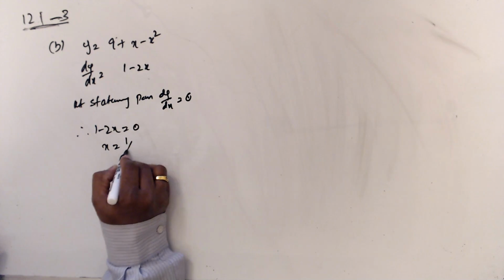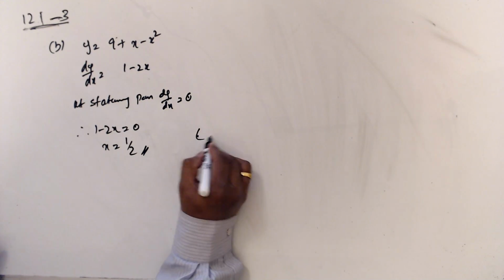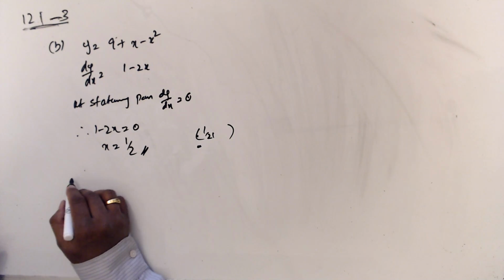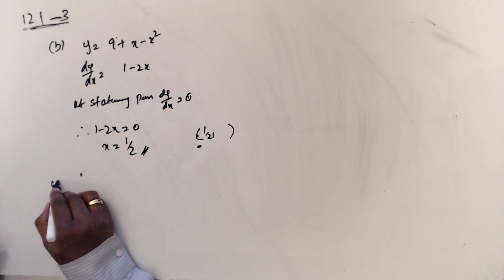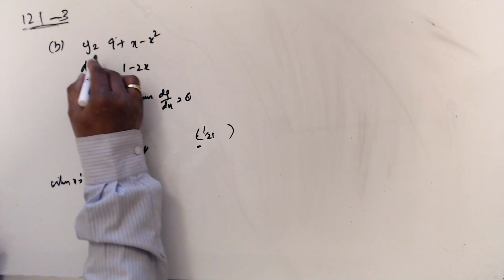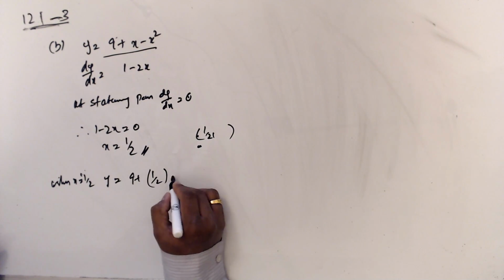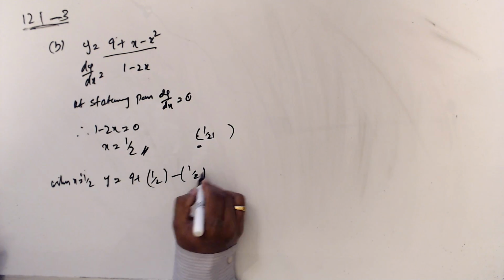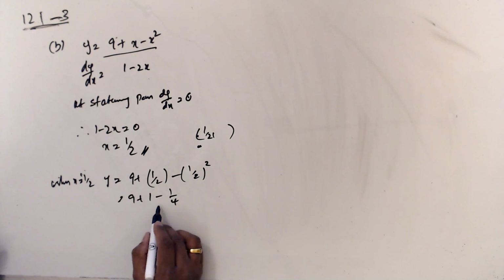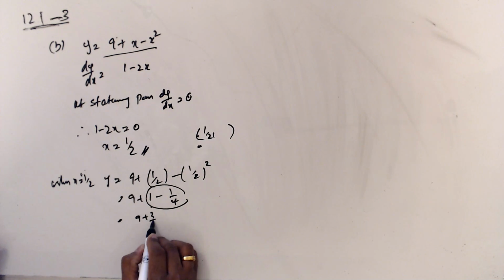Hence x equals what? Half. Now in this point, x is half. What is y? So when x equals half, y equals, we substitute here, 9 plus half minus half squared. 9 plus half minus 1 over 4. So this will become 9 plus 1 over 4.